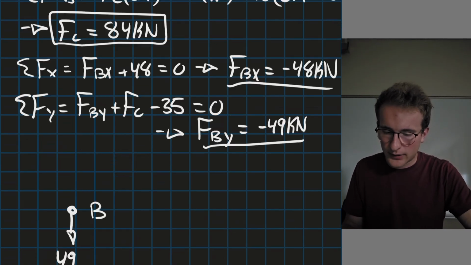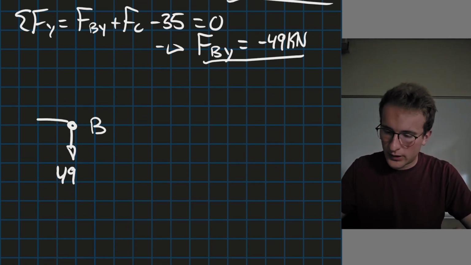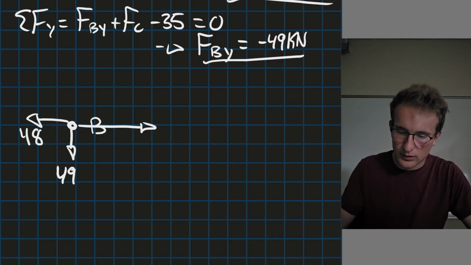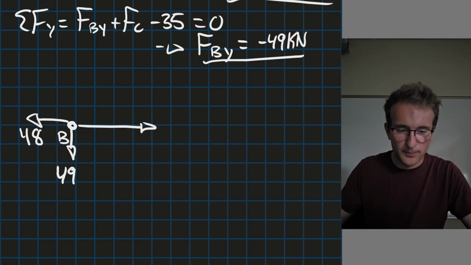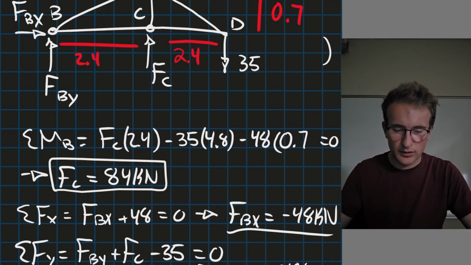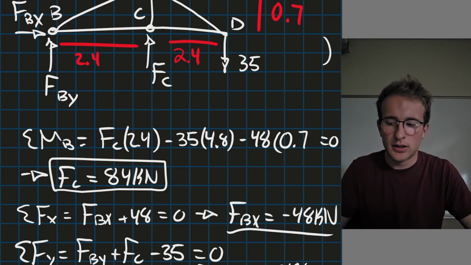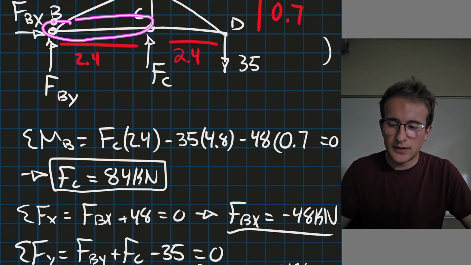And F sub BX, that is 48 in the negative direction. And then I have, that's point B. I have a tension from this member here, and I'm going to call that member tension BC, right? Because it's from member B to C.